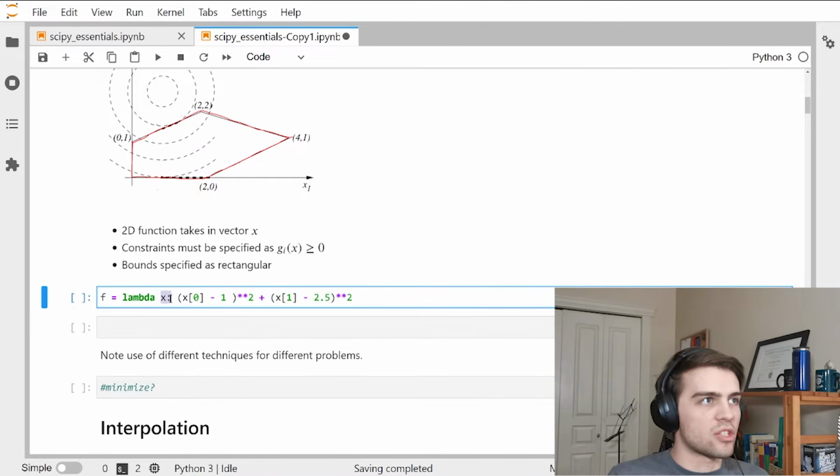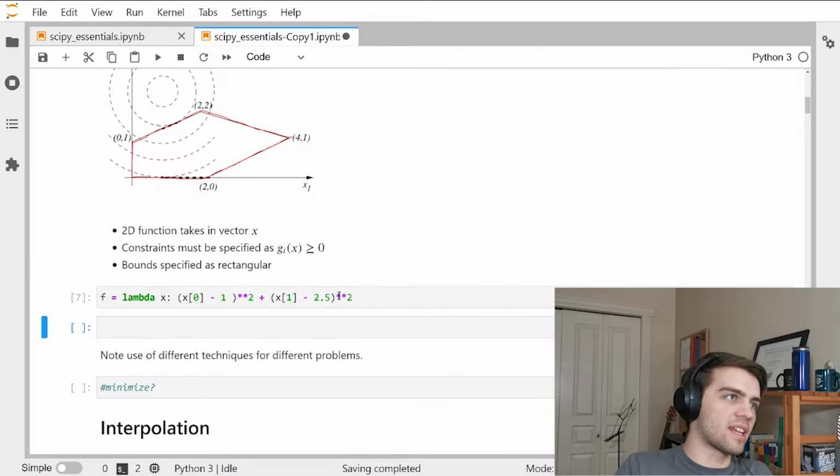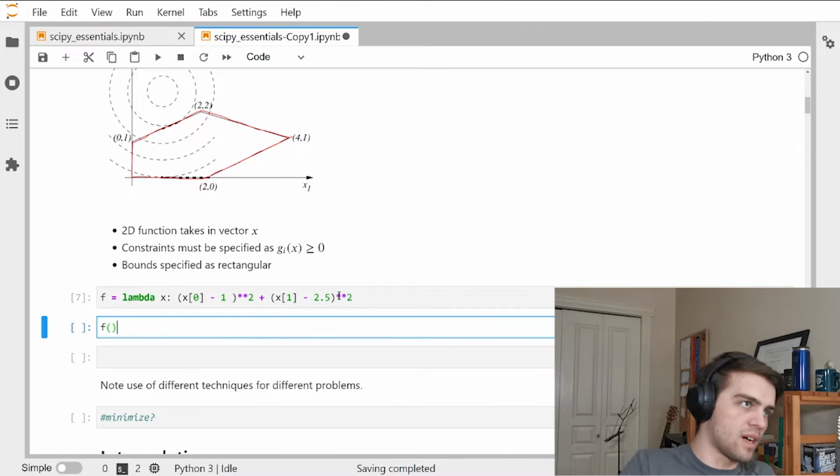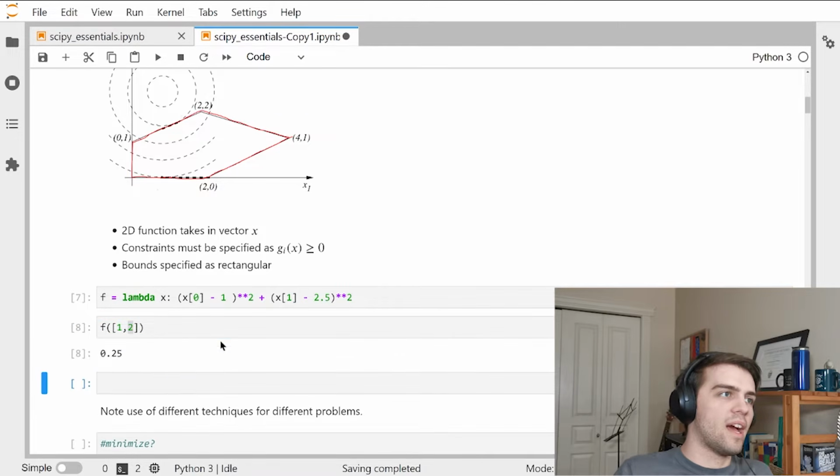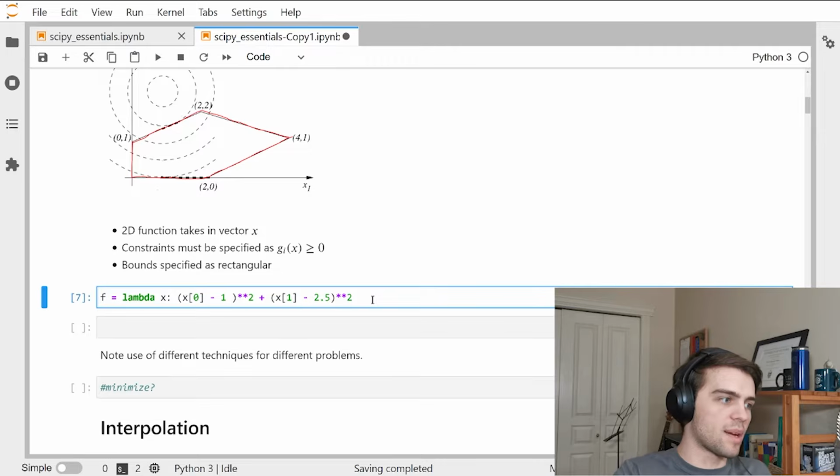So x is two-dimensional, but the first thing in that vector is x0, and the second thing is y, which is x1. And so essentially I can give this value f of, suppose I give it two values, 1, 2. This says x is equal to 1, y is equal to 2, and it will return a value here. So that's our function, and we want to minimize this function using SciPy minimize.